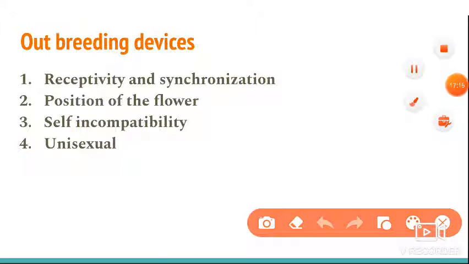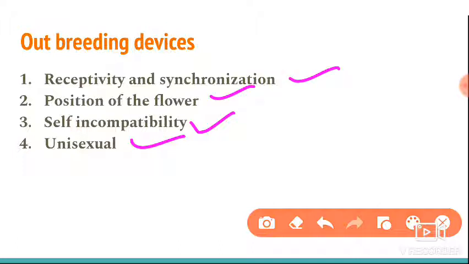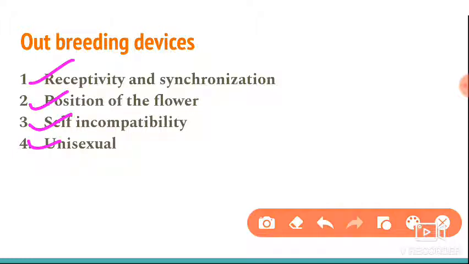Plants will produce unisexual flowers in some cases, not in all cases. Unisexual means they contain only one sex organ, either an androecium or a gynoecium, not both.